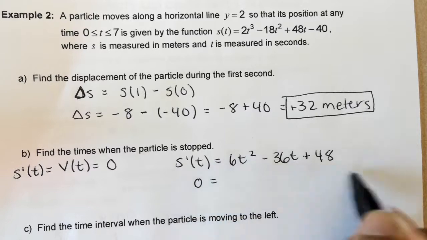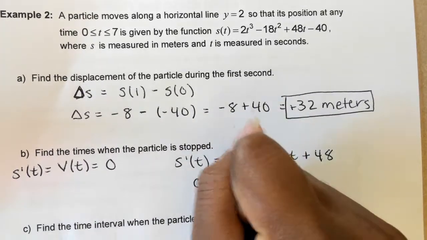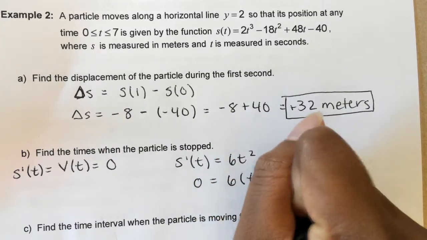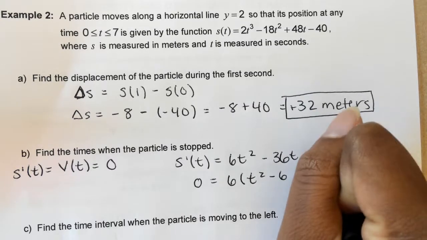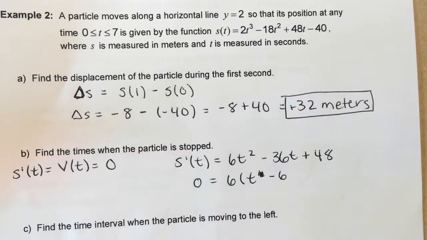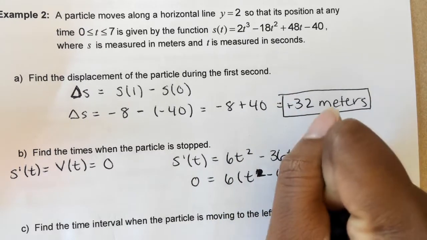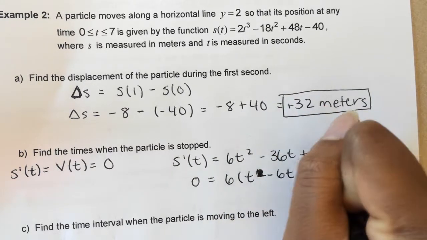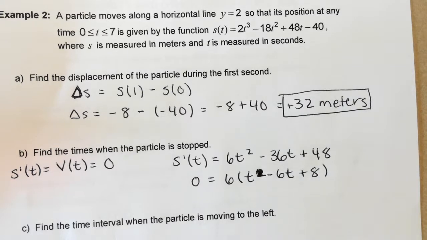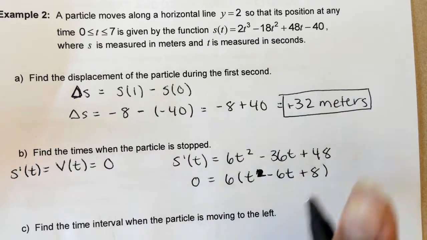So we can factor out a 6 from all of these terms. We have t squared minus 6t plus 8. And we can factor t squared minus 6t plus 8.